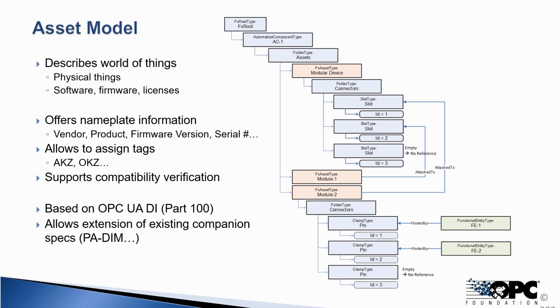It allows you to assign tags to the asset, and it supports verification whether an asset is compatible to my expectation or not. The asset model is based on OPC UA device integration, part 100 of the OPC UA specification series, and the asset model allows the extension of existing companion specs.